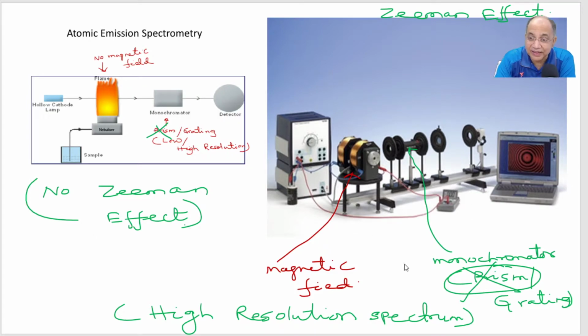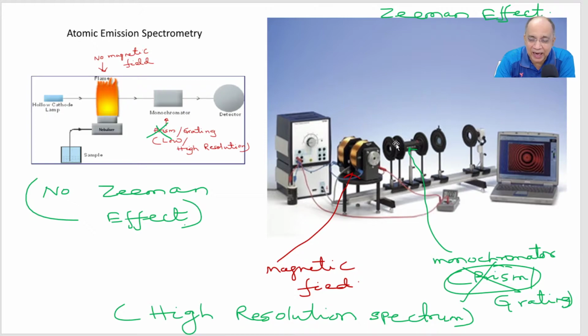Simply LS coupling. Due to high resolution, spectrum splitting occurs due to LS or RS coupling, right? And here is the anomalous Zeeman effect that we'll be studying, where there is an external magnetic field, and inside that the sample will be kept, under the influence of a magnetic field. It should be weak.